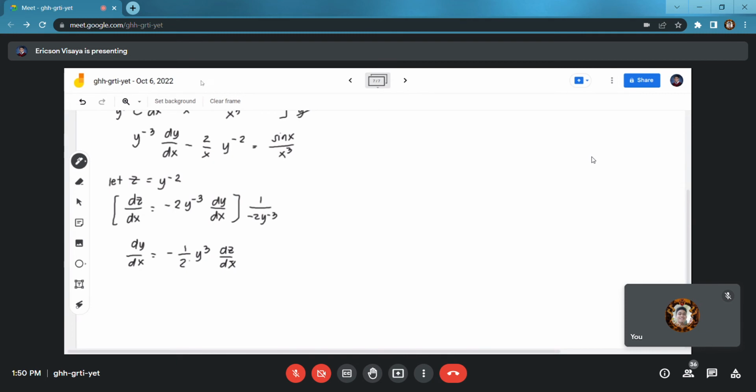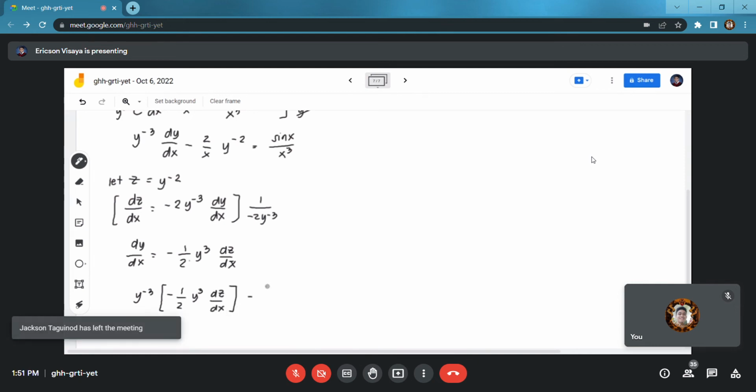Substitute natin yung dy over dx natin. So, nakuha natin yung dy over dx natin. That is y raised to negative 3 times ang ating negative 1/2 y cubed dz over dx minus ang ating 2 over x.